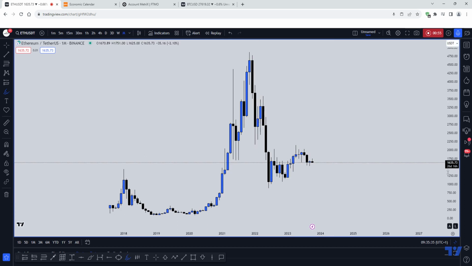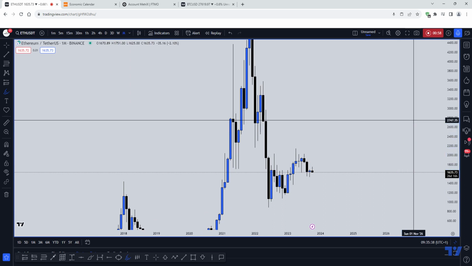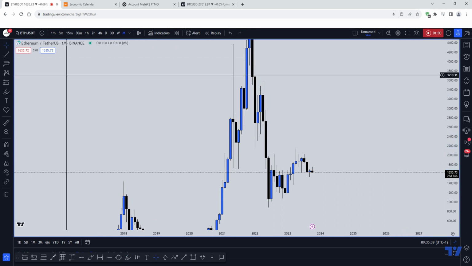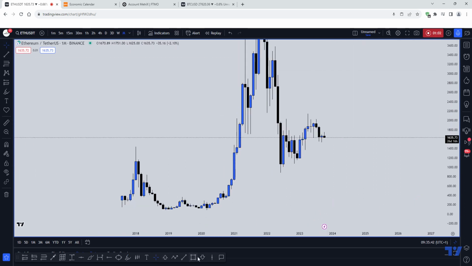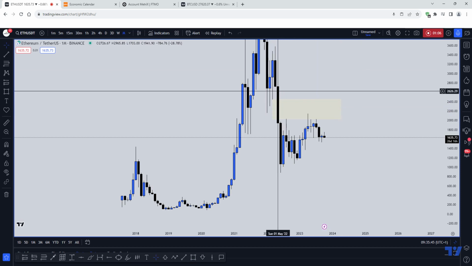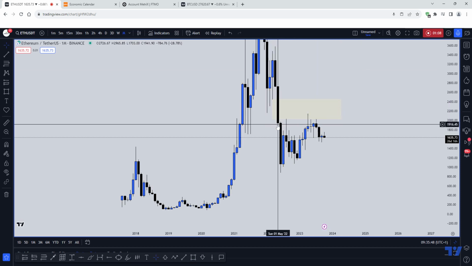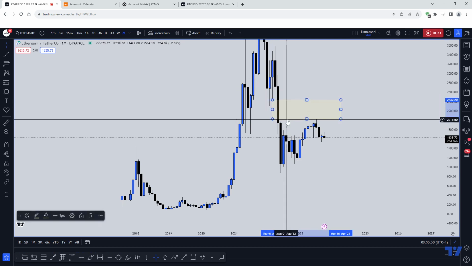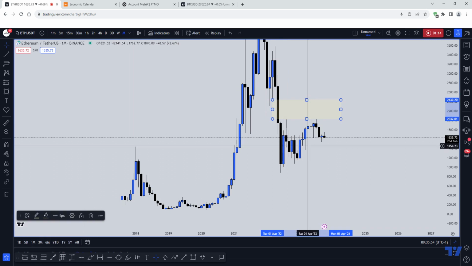What we can also identify is price beautifully filled this monthly imbalance that we had here. During this breaking candle to the downside, from this wick low to this wick high, there was an area of monthly fair value, an area of imbalance.